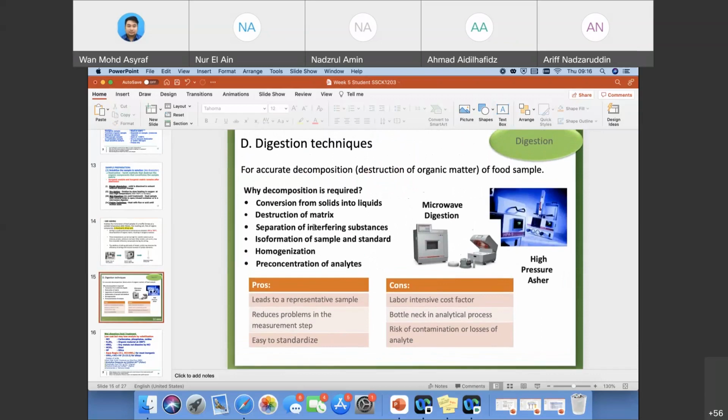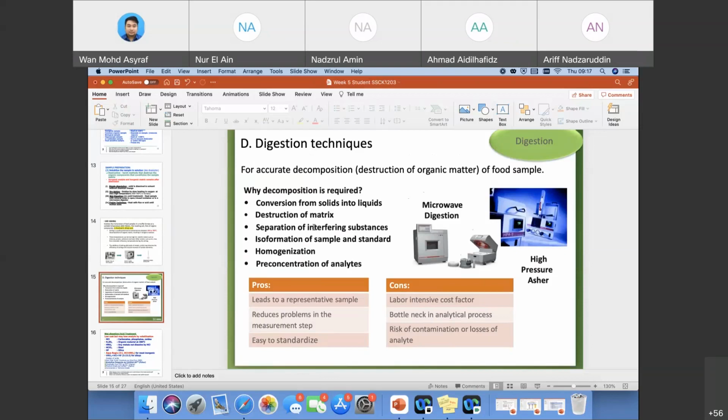Digestion techniques are for decomposition, which is the destruction of organic matter in food samples. So when we are trying to prep a sample for inorganic analytes, you need to straight away think, okay, I want inorganic analytes, which are much more heat resistant as compared to organic analytes.